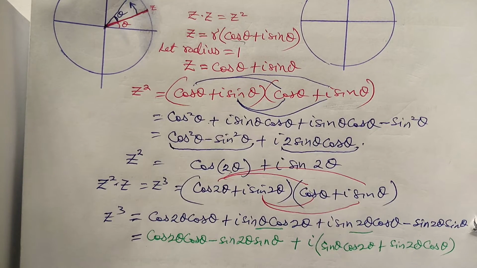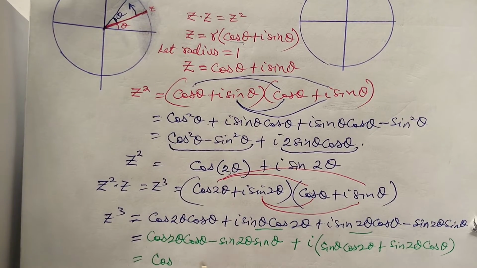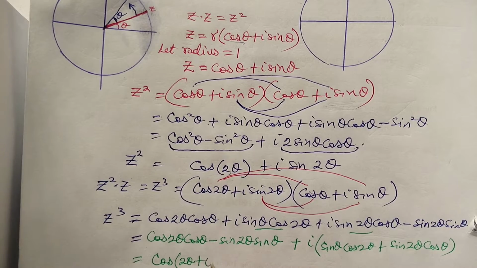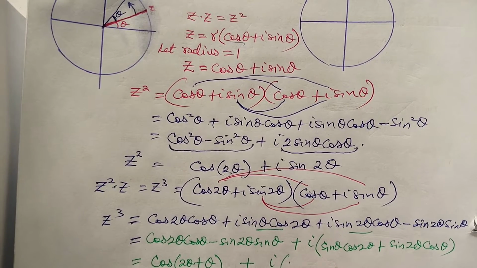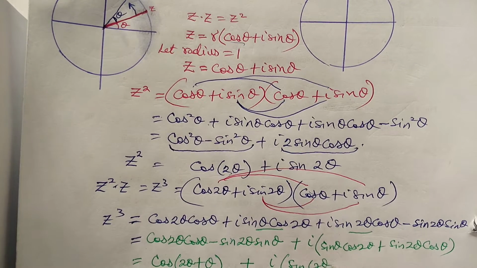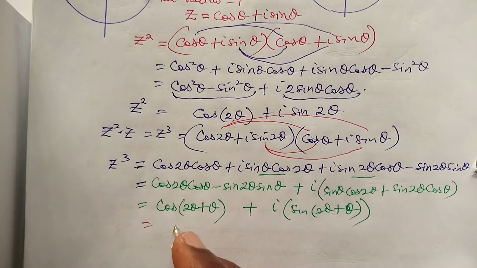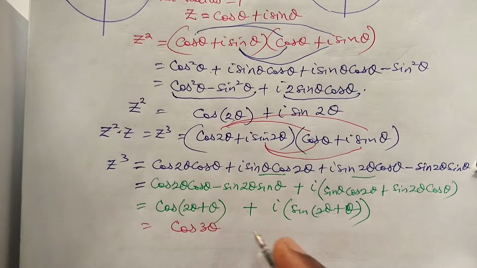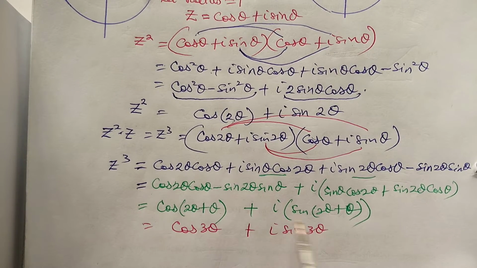By inspection, the first part is just cos of 2 theta plus theta, and the second is sine of 2 theta plus theta. That is equal to cos 3 theta plus i sine 3 theta.